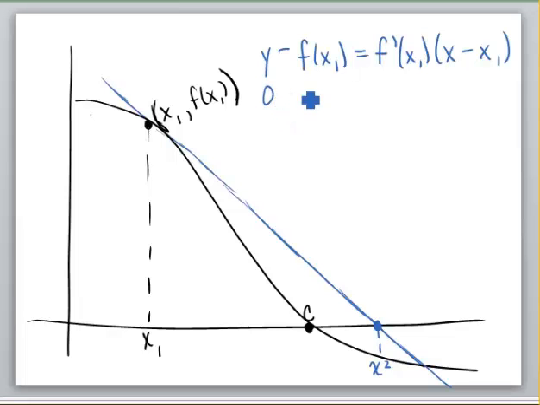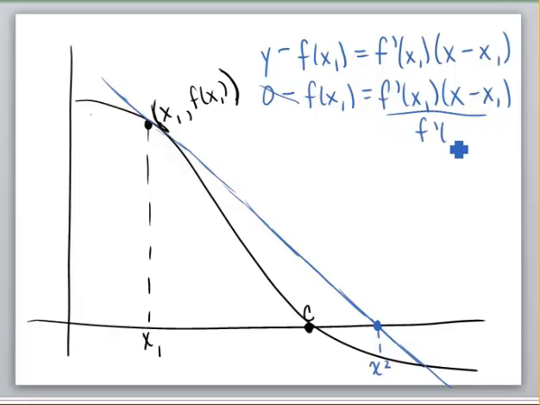So I would substitute 0 in for y and solve this equation for this x value, which would be my x sub 2. What I would do to both sides is divide by f prime of x sub 1.